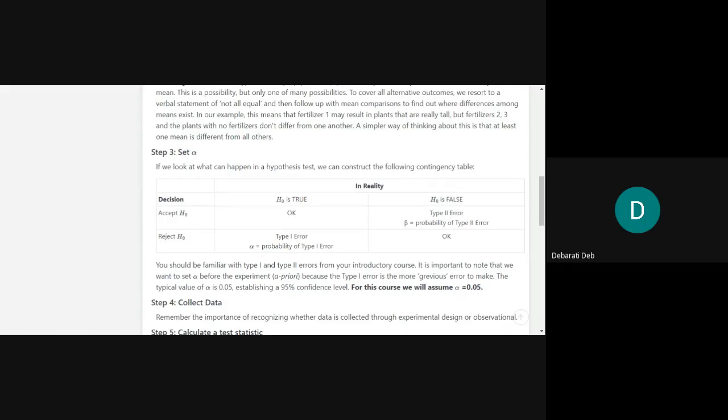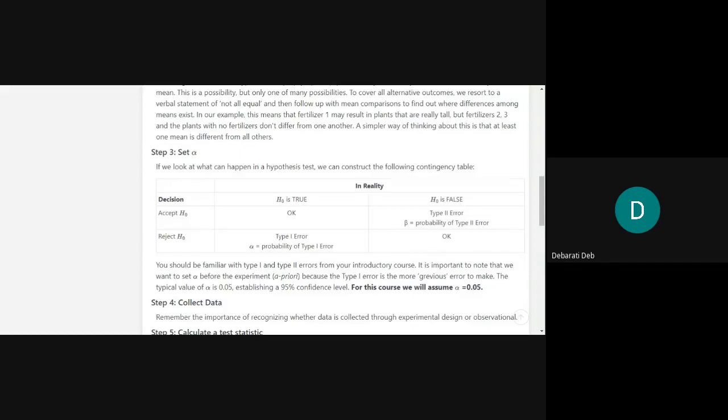If you are taking the value of alpha as 0.05, then that means you have a 95% confidence level in your decision. 95% confidence level means you know that you are 95% correct.